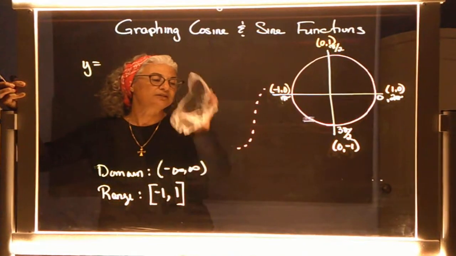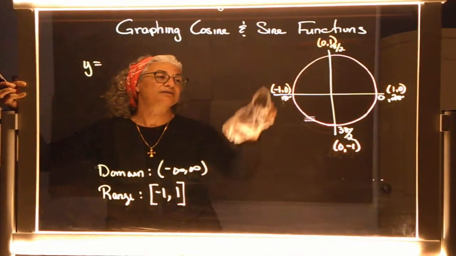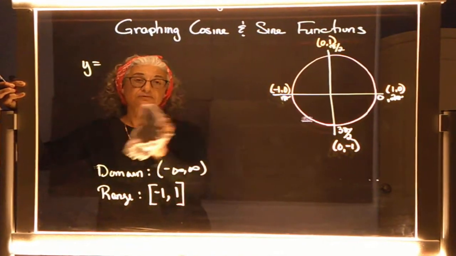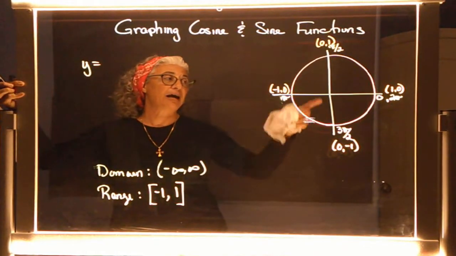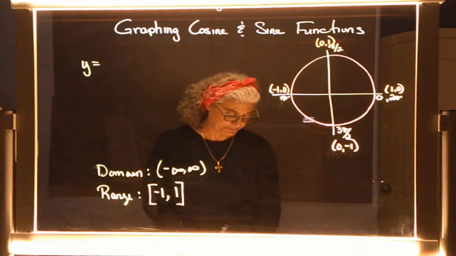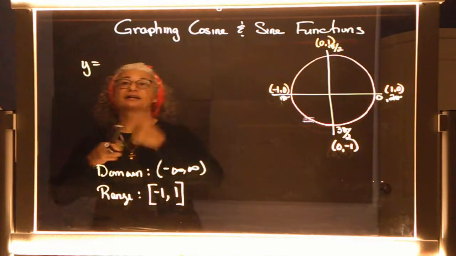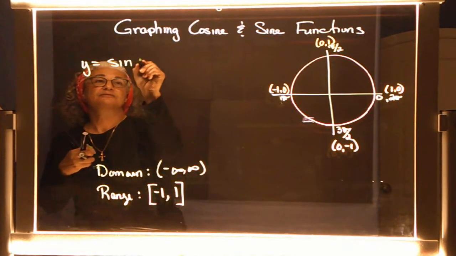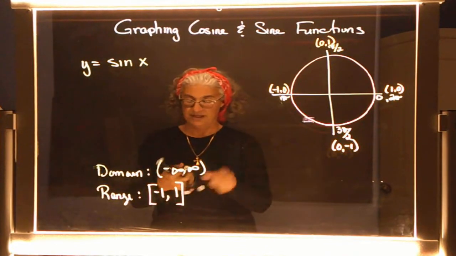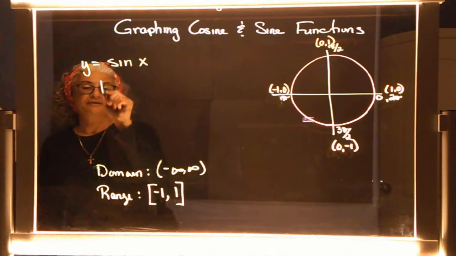So you need to remember how to recreate it. Got it? You need to remember how to recreate this unit circle. So now I'm going to talk about the sine function. And I want to graph it based on the sine function.